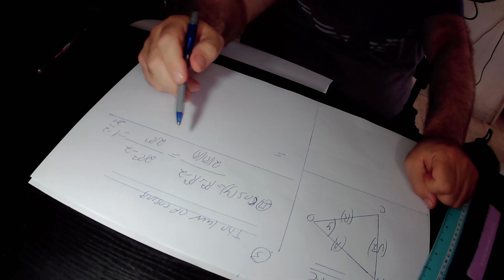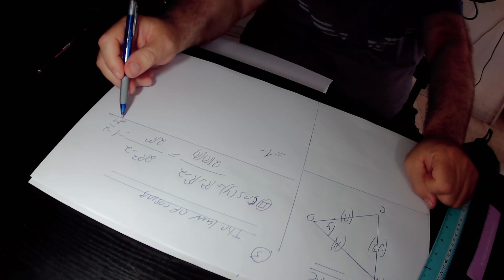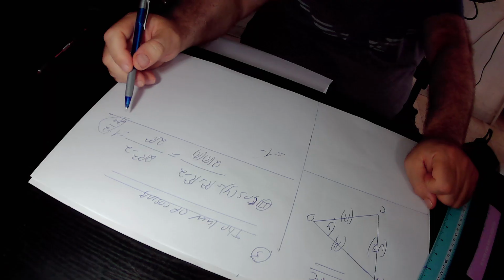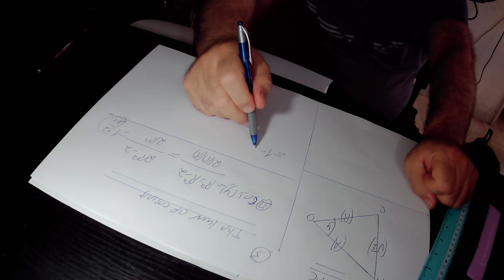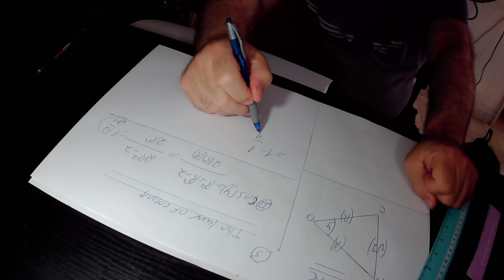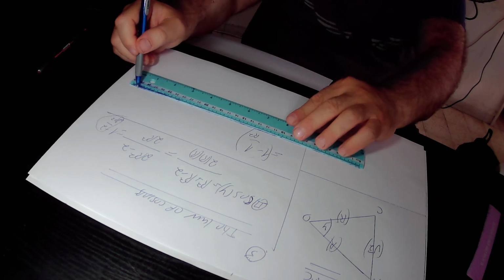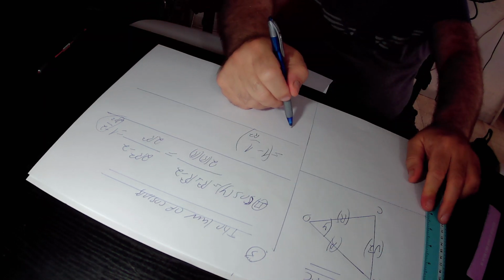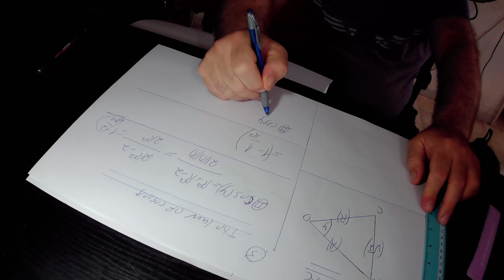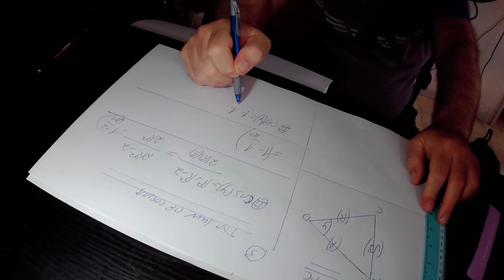Here we divide both the numerator and the denominator of this expression by 2. And we get that minus 2 over 2 is minus 1, and 2R square over 2 is R square. So in conclusion, we found out that according to equation 2, cosine Y equals 1 minus 1 over R square.